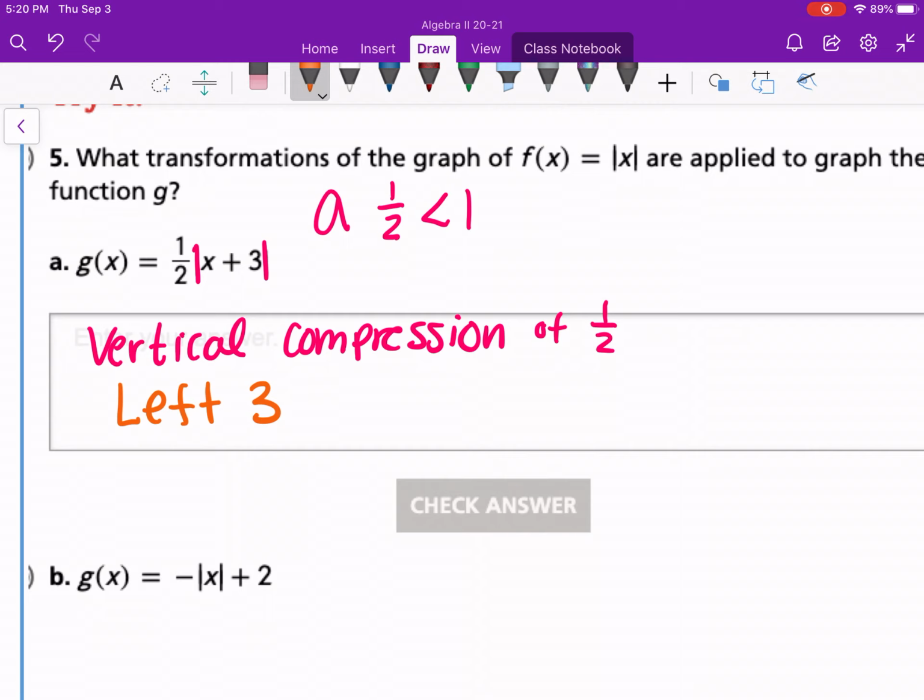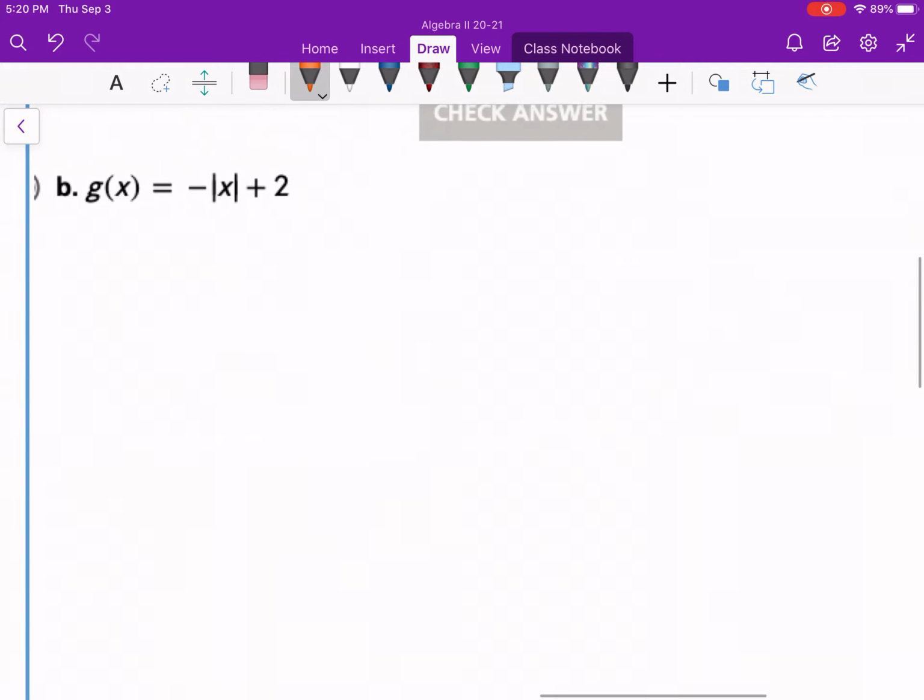Sometimes you'll see more. Sometimes you'll see like left 3, up 2, and reflection. But you're just writing that out. And when you do it on the target, it'll tell you exactly where to fill in the things and what to write there. And then lastly, I've got a negative outside of the container. Again, my container is still absolute value bars, but again, it doesn't matter.